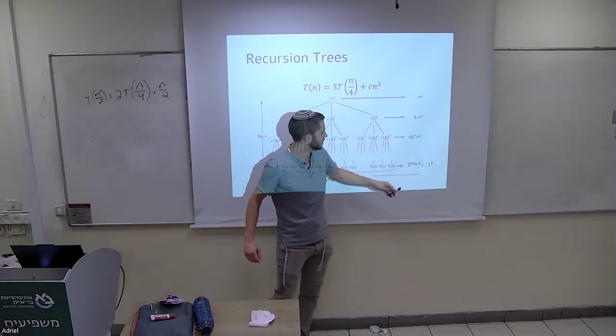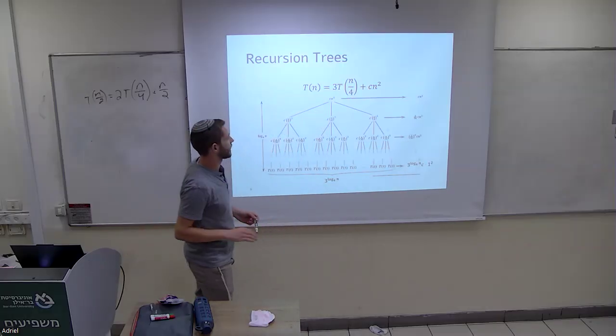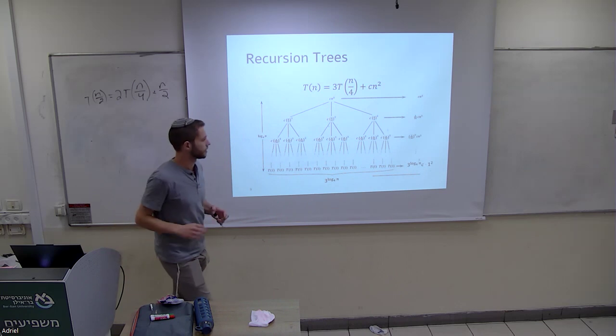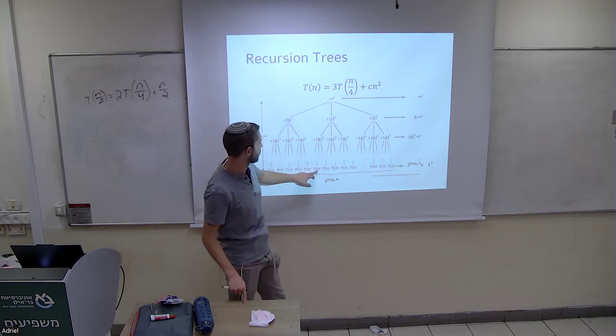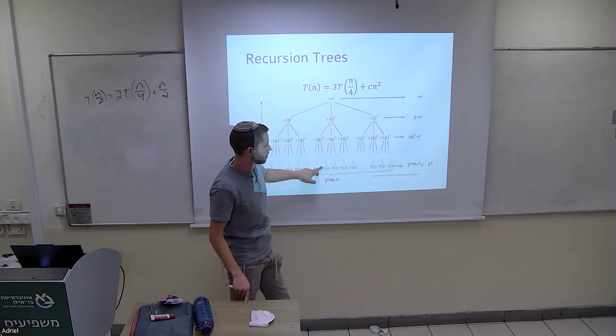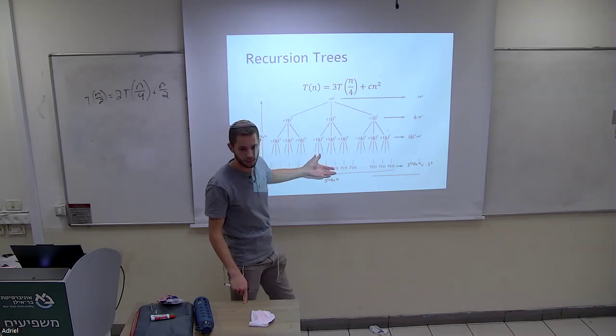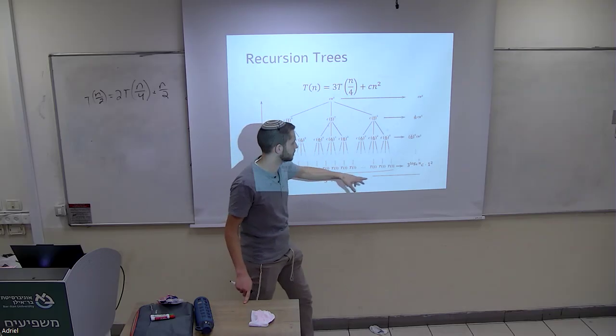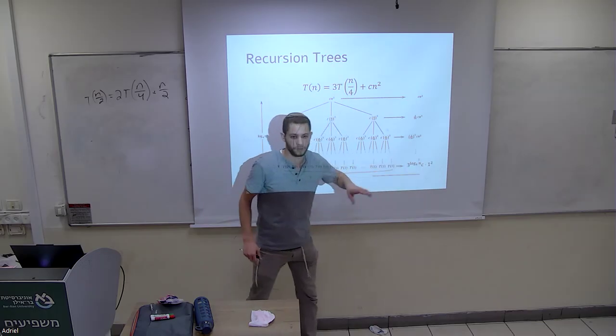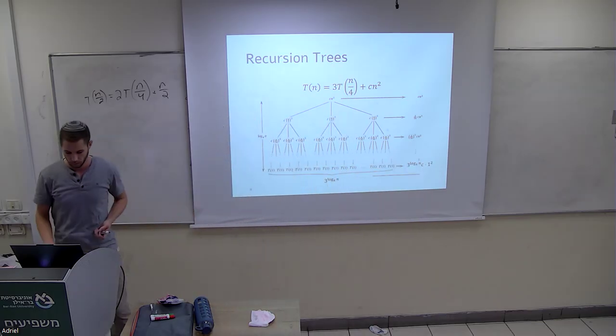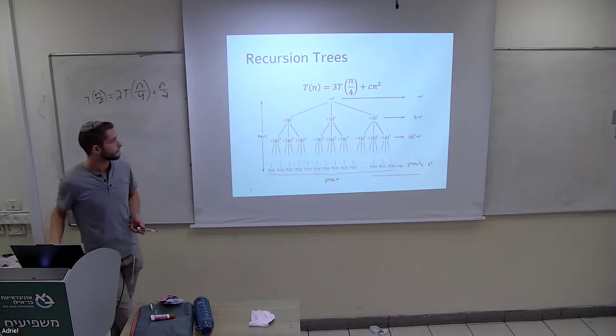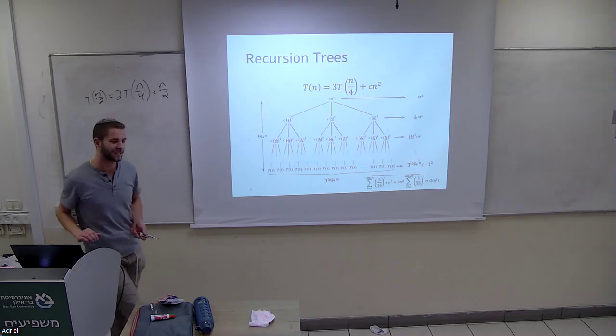And so we know at each level, we have a specific amount. And therefore, when we sum up all of these different ones, the amount of leaves times 1, the amount of leaves is 3 to the power of log base 4 of n. All right. And now to sum up all that.